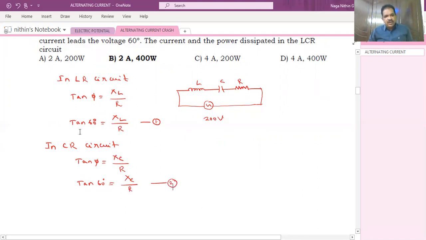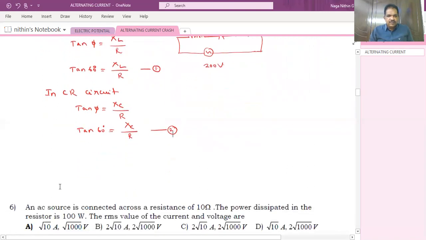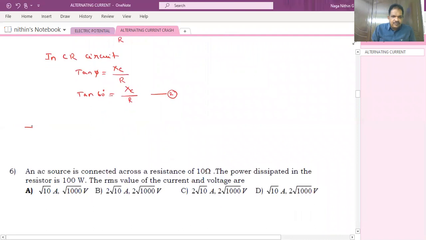Now these two are equal, tan 60, tan 60. So from 1 and 2, we can write XL by R is equal to XC by R. Therefore, XL is equal to XC.